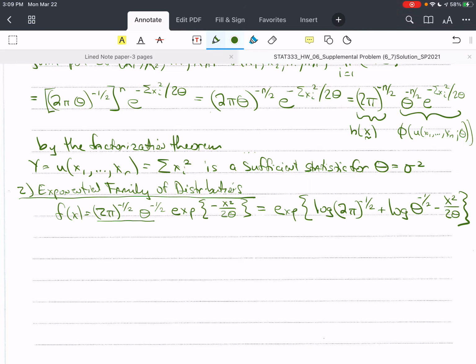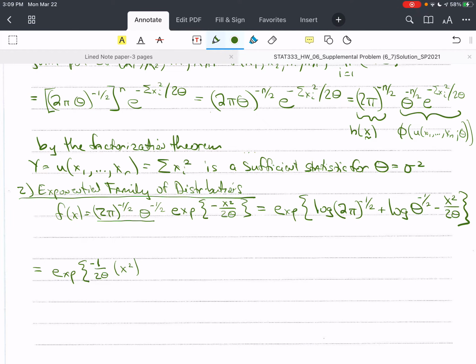And so I can rewrite this as exp, and to be precise, I can say that this is 1 over 2 theta times, I want to put the negative over here, times x squared.